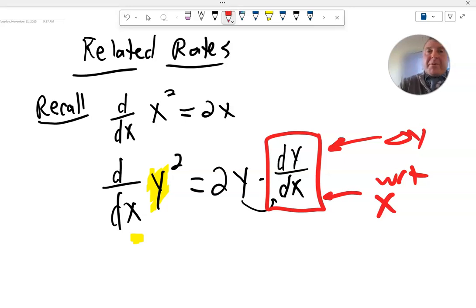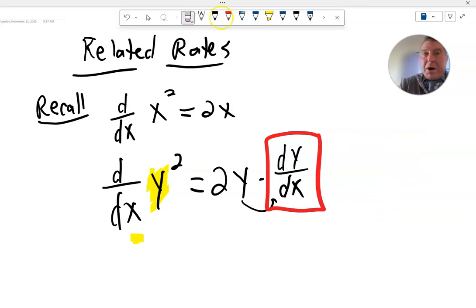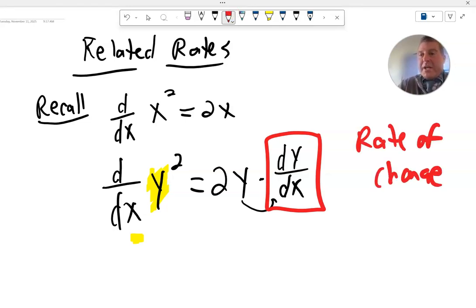We just happen to call that slope. It's a rate of change. Slope, of course, is a rate of change. How quickly is the function growing or shrinking or not at all? This is comparing how y, the output of a function, is changing with respect to x.